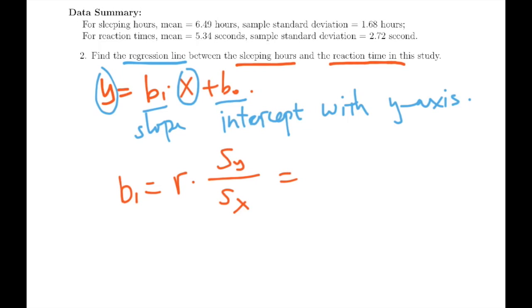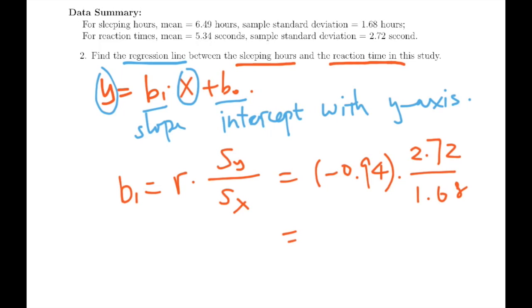So we can plug in the numbers, that is negative 0.94, which we found in the first part, times the standard deviation of the reaction time, that is 2.72, divided by the standard deviation of the sleeping hours, that is 1.68. And by using the calculator, we can find the slope b1 is equal to negative 1.52.